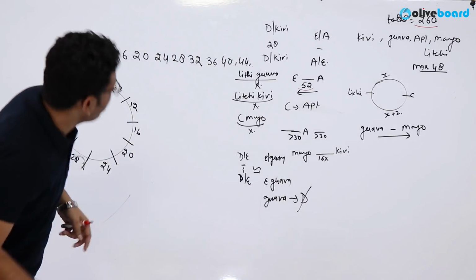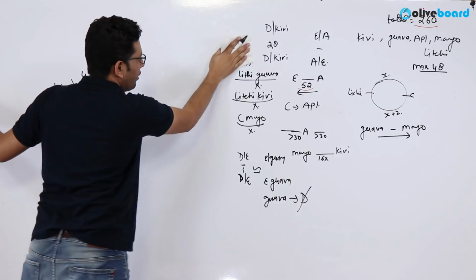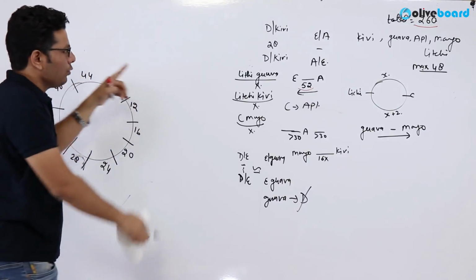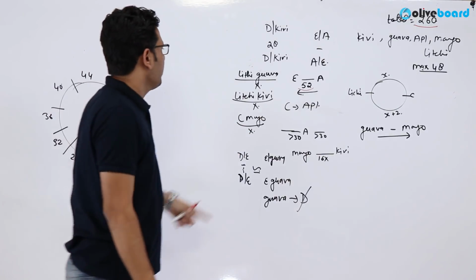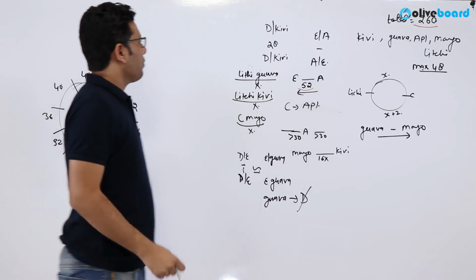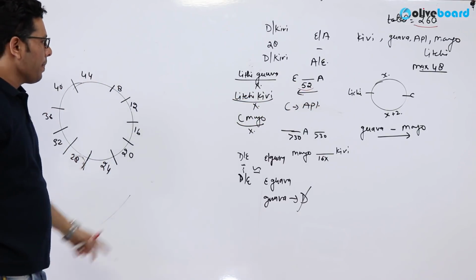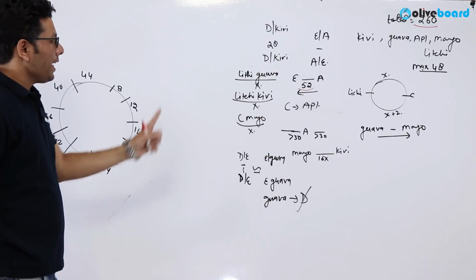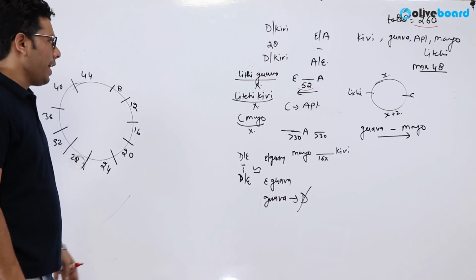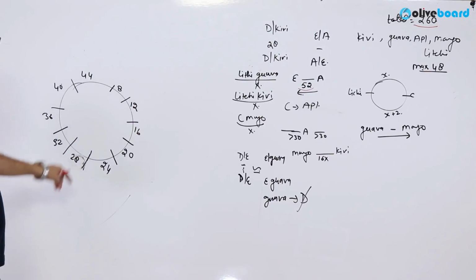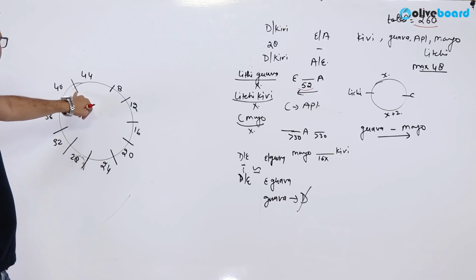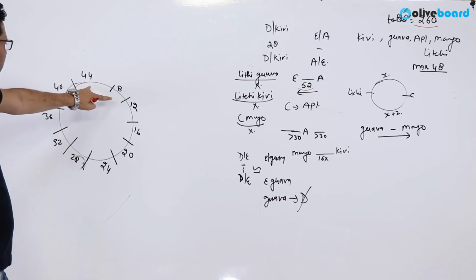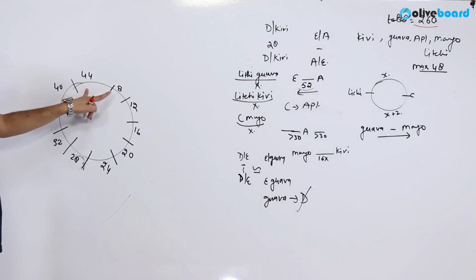Now let me check where I can have a sum of 52. A and E: the gap to the left of A, that is the 52, and E is to the left of A. So where can we have the gap of 52? We can have a gap of 52 only at this point, 44 plus 8.